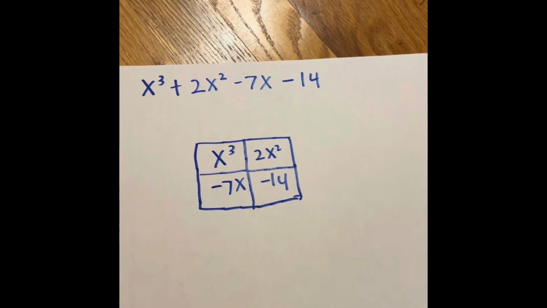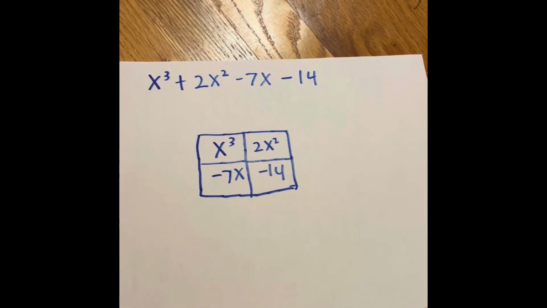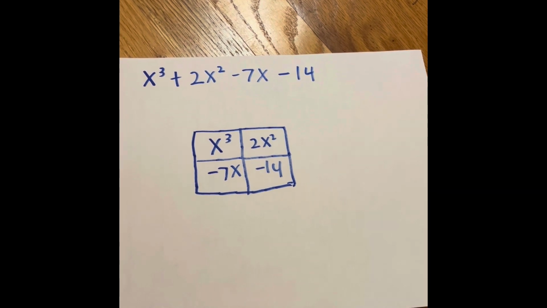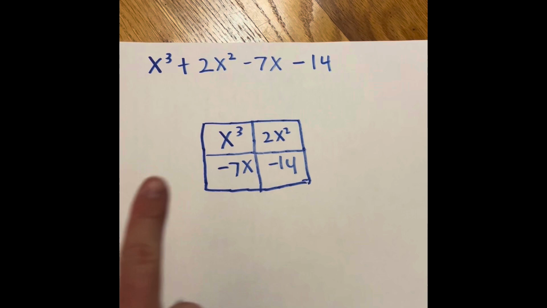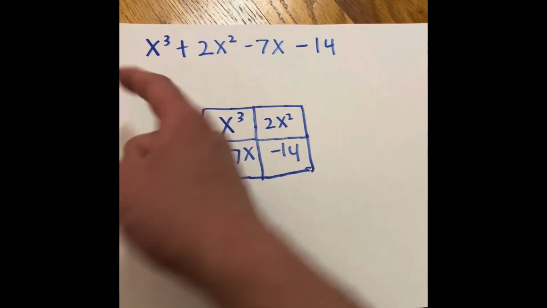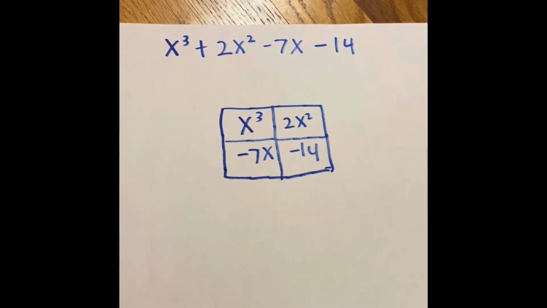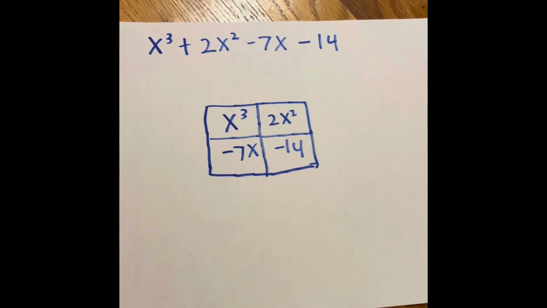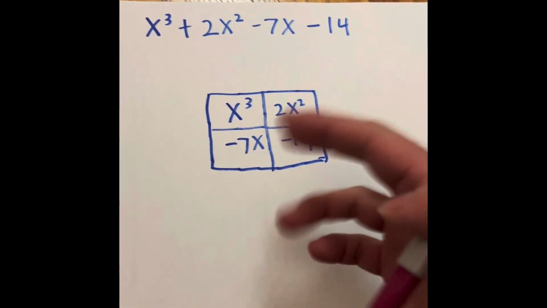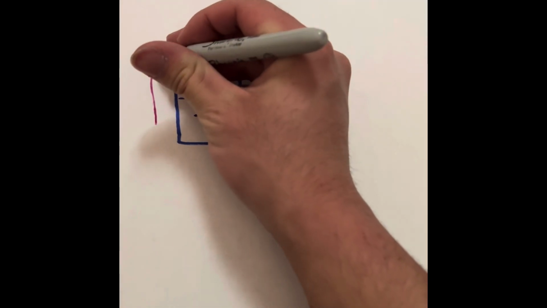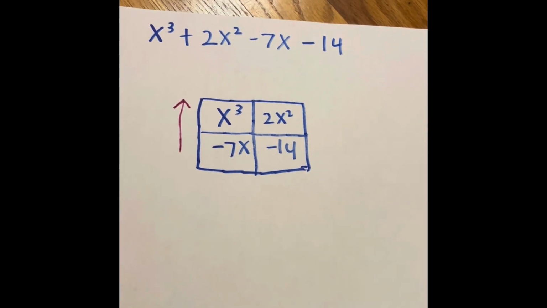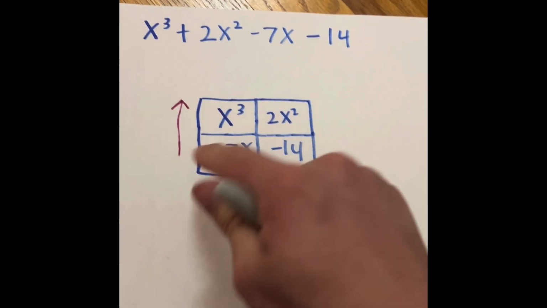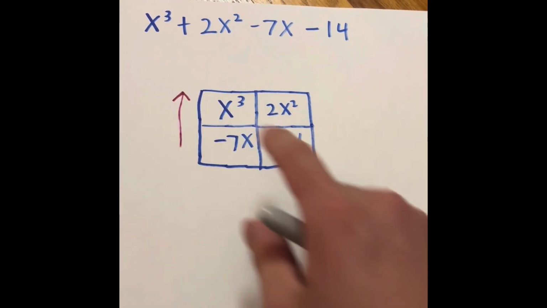Now, there are 2 possible ways that we can solve this and get the same right answer. We could go up, or we could go left. It doesn't matter where we go, because whatever we find on one side, we'll always find on the other side. For example, we go up.